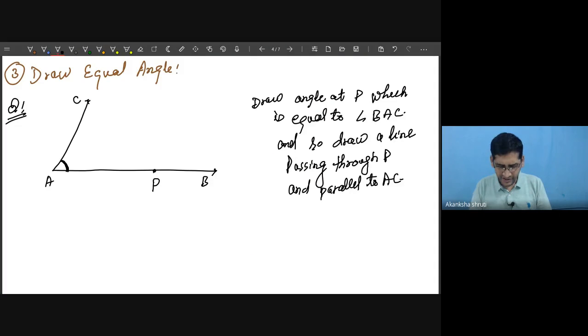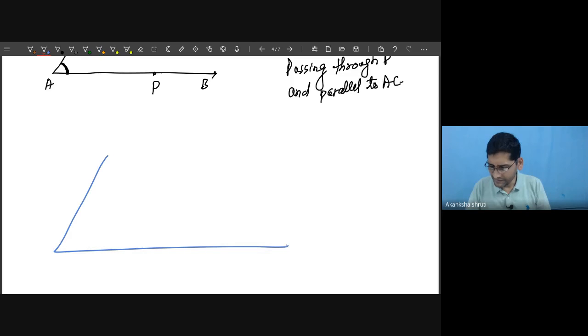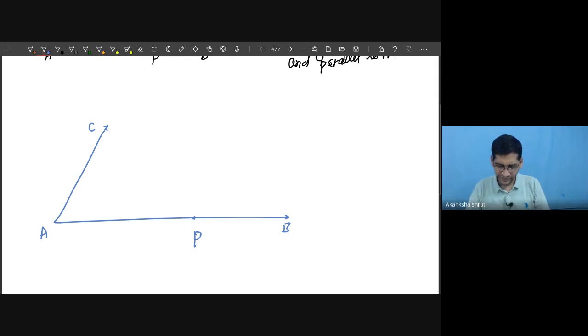So first, take this figure at one more place. Let me take this figure here, the same figure: A, C, B, and somewhere there is a point P. Okay, student? Whatever this angle theta is, what do you have to do?